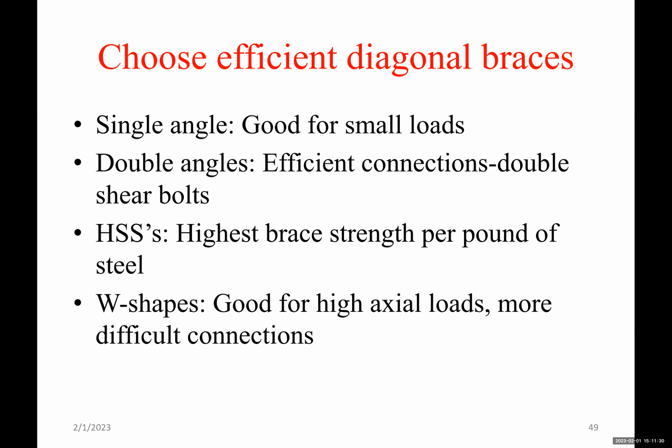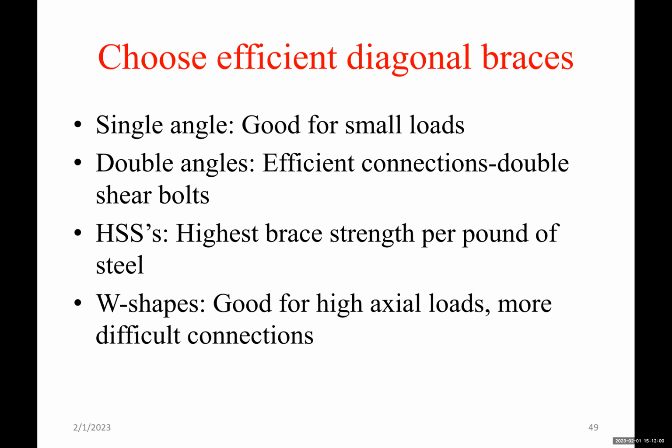for connections with bolts in double shear. If you use double angles, they will be good. You can use double shear, which will double the capacity of the bolts in shear. HSS gives the highest braced strength per pound of steel. Typically these are efficient, especially if you use circular or square, because the weak axis is equal to the strong axis if you are checking buckling of the braces.